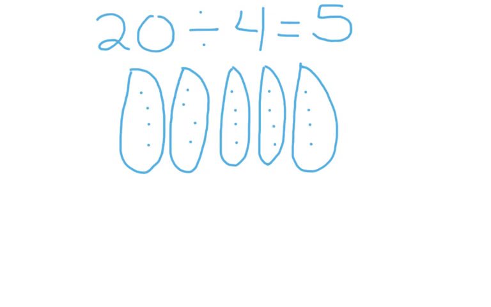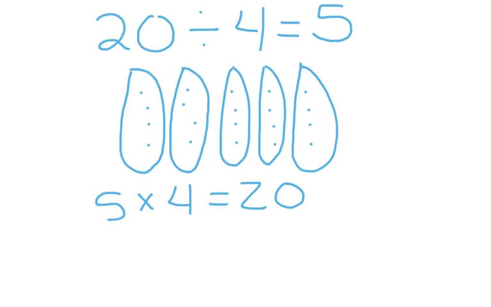So 20 divided by 4 equals 5 because 5 times 4 equals 20. So that's the way division works. Division is actually the inverse of multiplication. And since you have worked so hard on your multiplication facts, learning our division facts should be pretty easy.